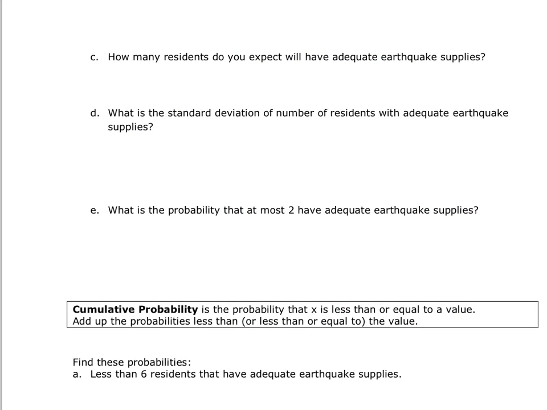Okay, let's ask this question. How many residents do you expect will have adequate earthquake supplies? Hopefully you're recognizing that the word expect means what we are looking for is the mean, the expected value. So we take n times p, so 11 times 0.3, and we get 3.3 of the 11 residents that are asked.